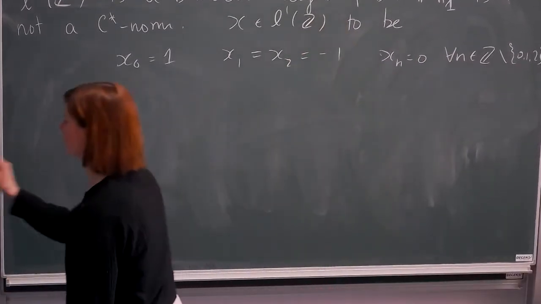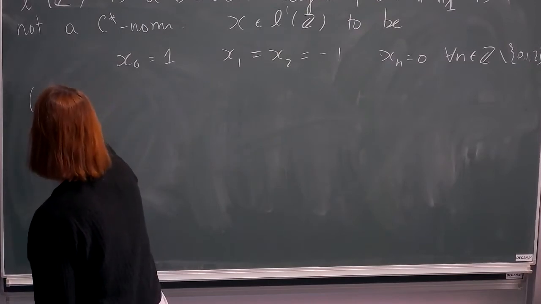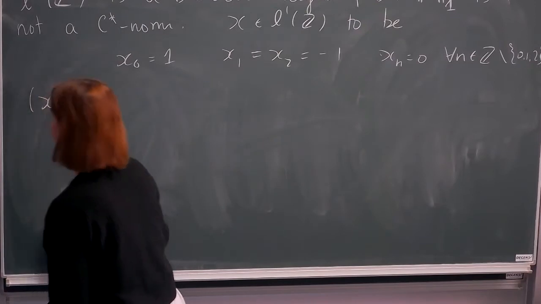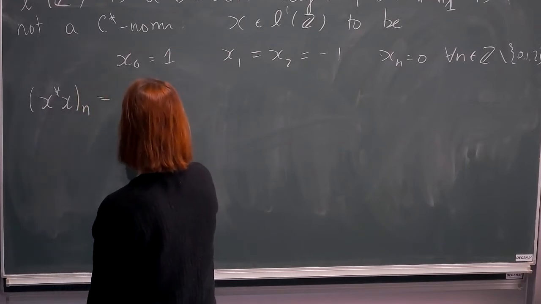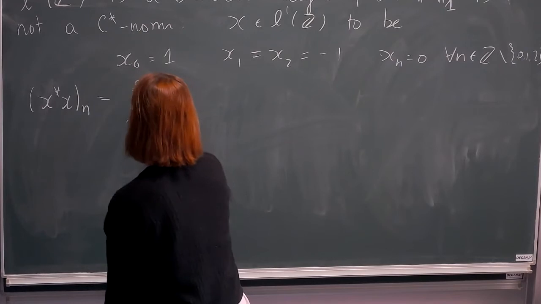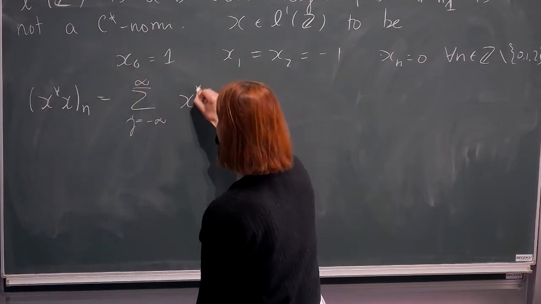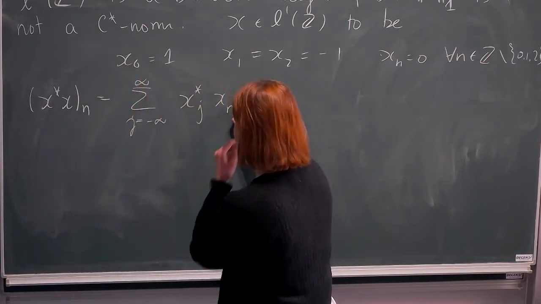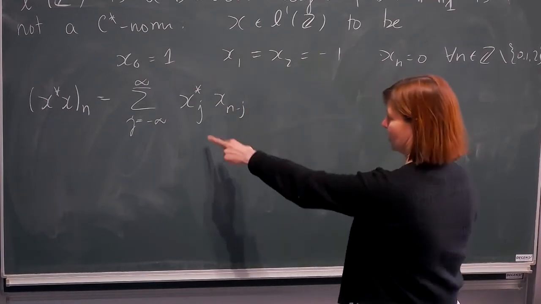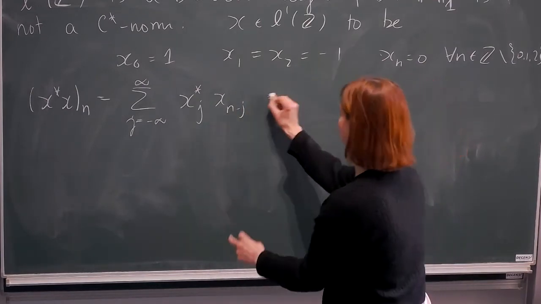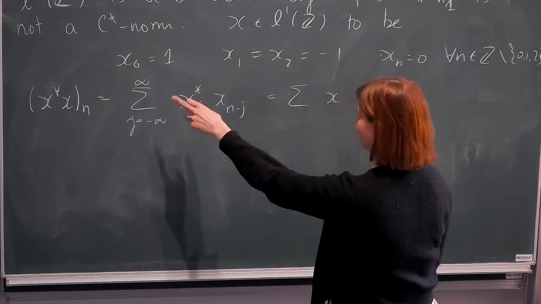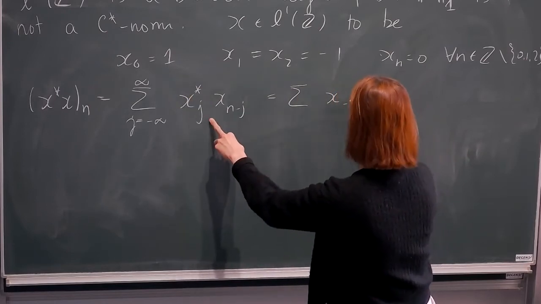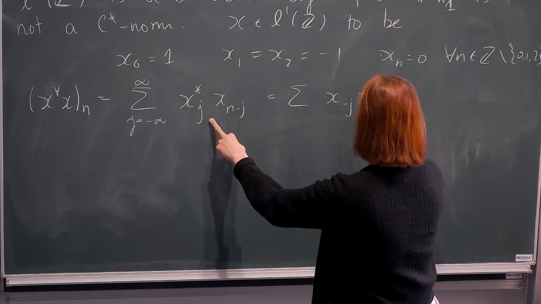Then what is x star x? Well, we need to do this convolution product: the sum over j of x star j times x n minus j. X star is just the complex conjugate. All of these are real, so we don't need that, and we just get the sum of x minus j times x n minus j.